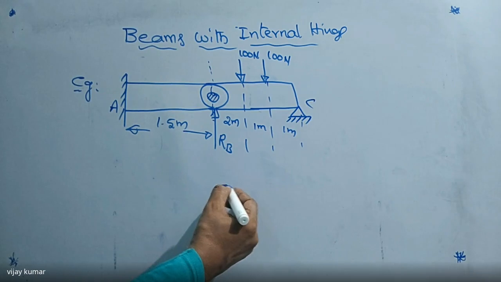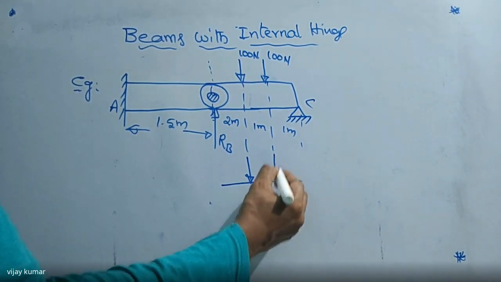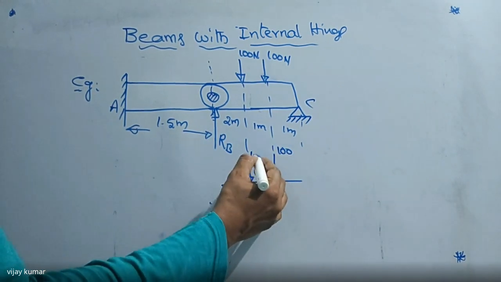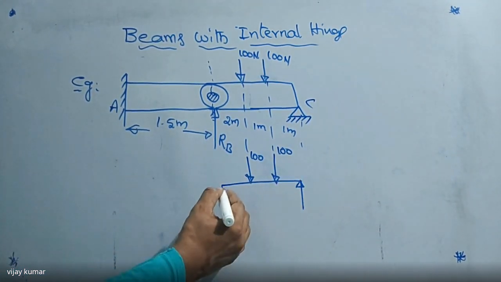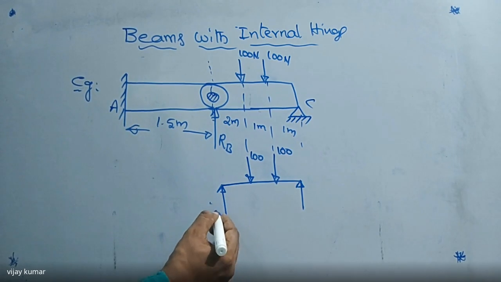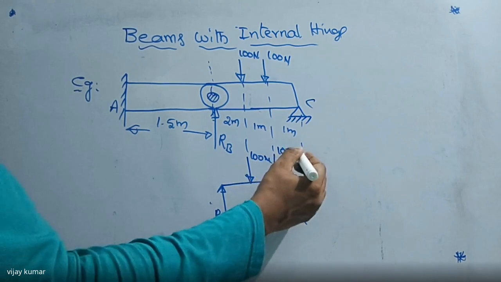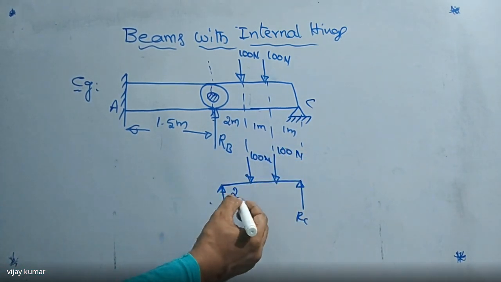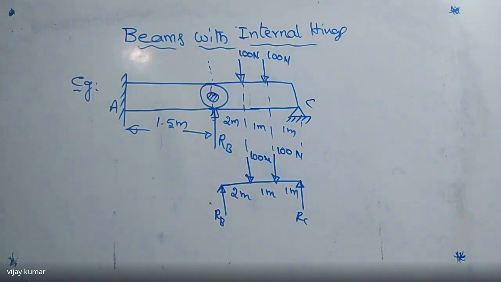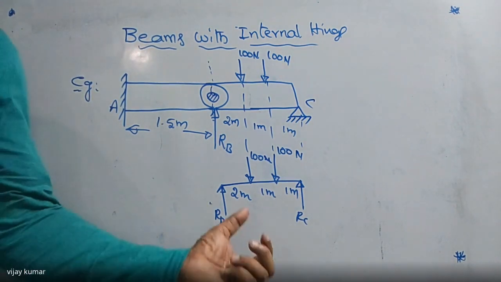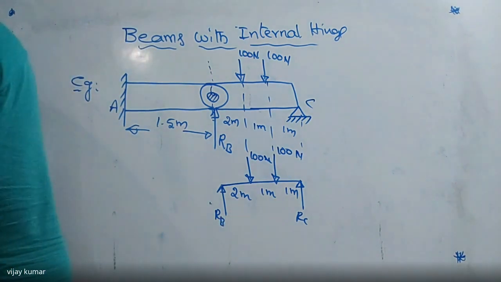I am drawing it here: one load here, another load here, each 100 newtons, one reaction RB here and another reaction RC here. This is 2 meters, this is 1 meter, and 1 meter is given. All of you know it is like a simply supported beam with two point loads.